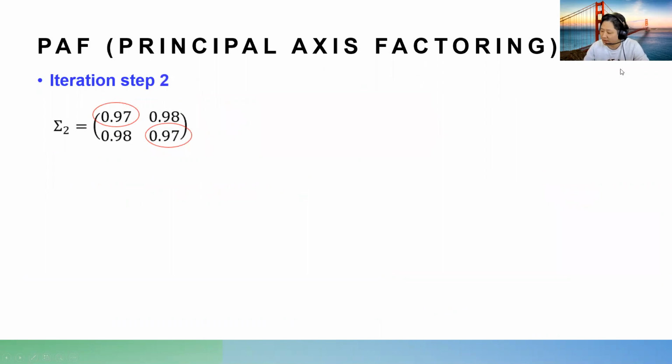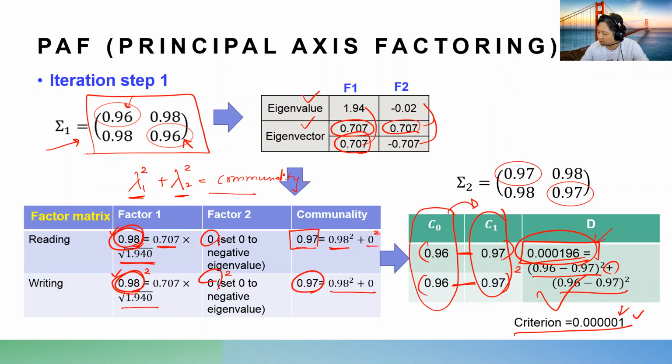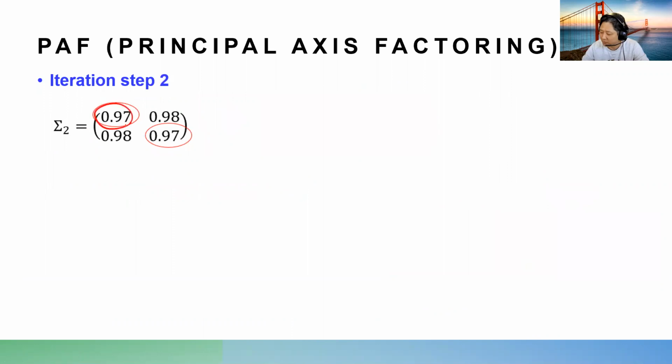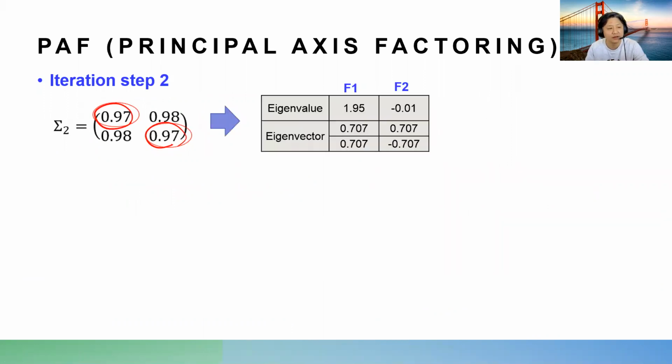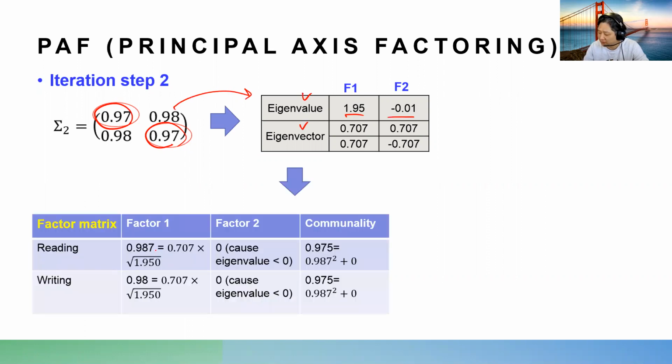Our communality is now updated using 0.97, 0.97. Do it again: compute the eigenvalue and eigenvector from this correlation matrix, then compute the factor loadings and get the communality.